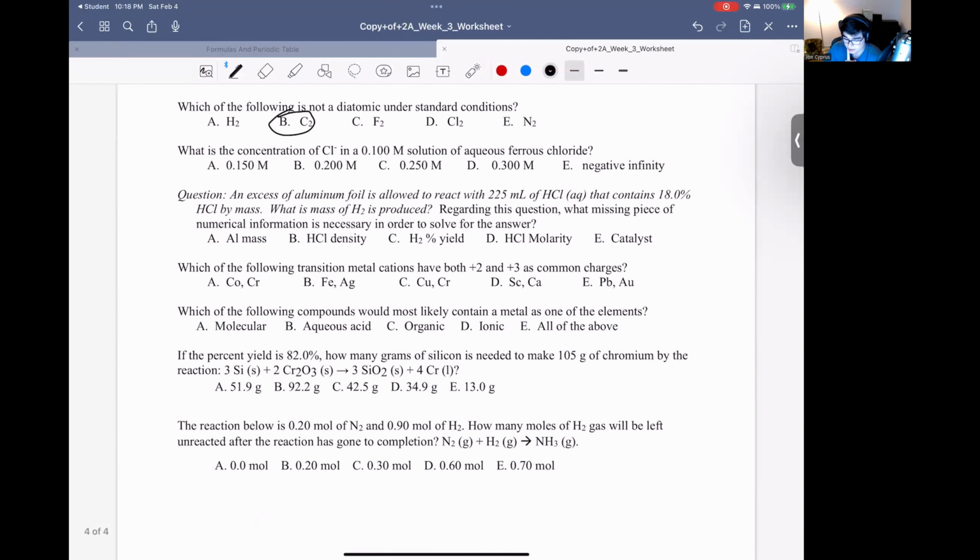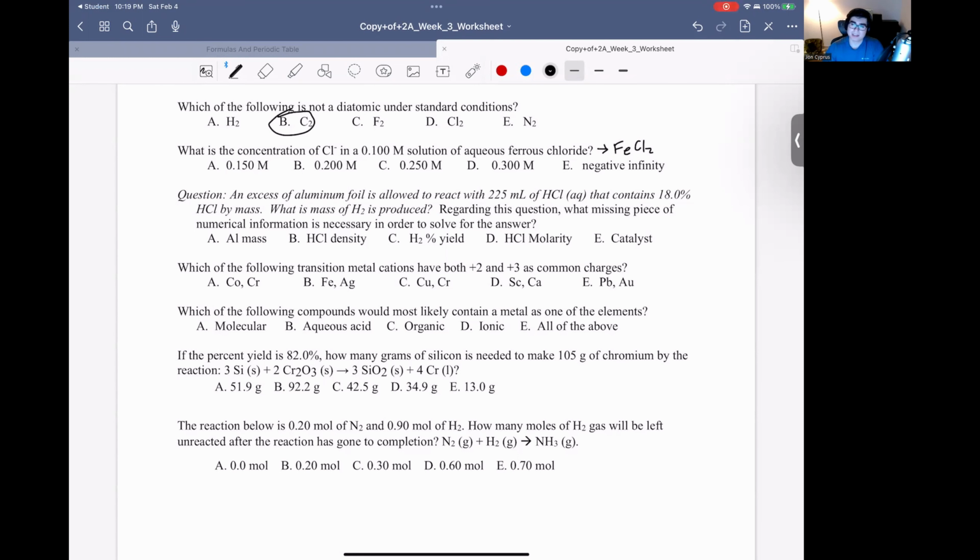Next is, what is the concentration of chloride in a 0.100 molar solution of aqueous ferrous chloride? So ferrous chloride, right? Ferrous chloride is FeCl2, right? It's iron 2 chloride.